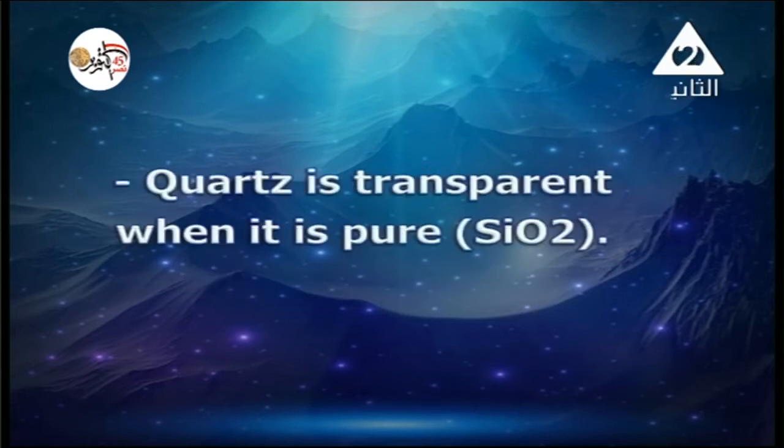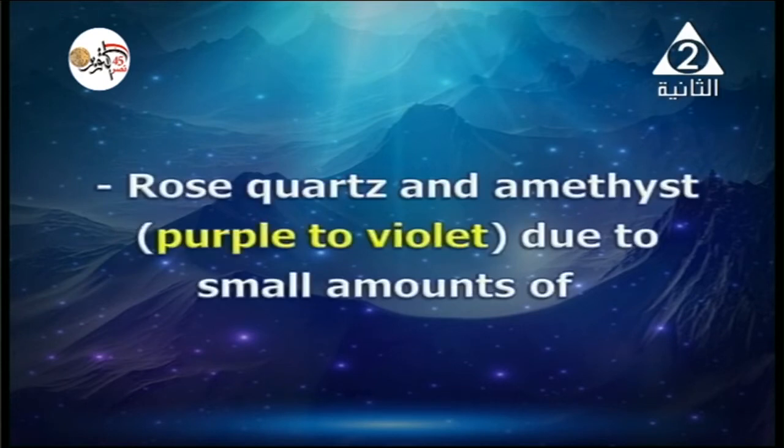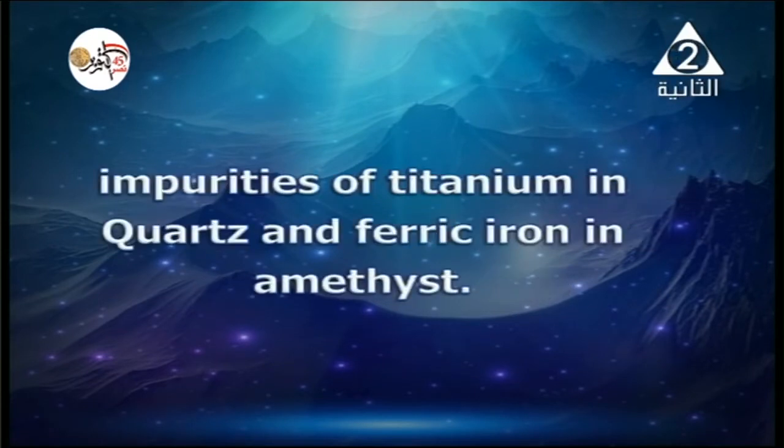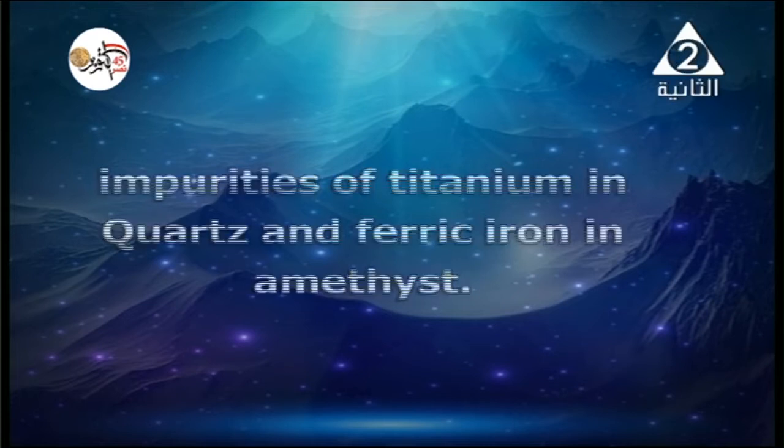Like the quartz, it is transparent where it is pure, SiO2. Rose quartz and amethyst are purple in color due to a small amount of impurities, titanium in quartz and ferric iron in amethyst. It's also SiO2 but with purple color, so we call it amethyst.